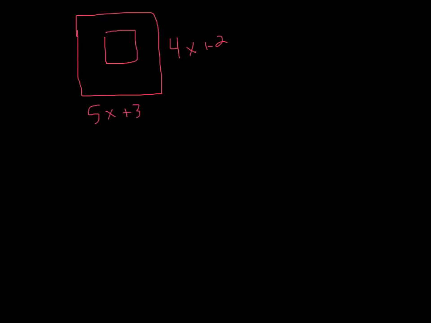And then on the inside, we have 2x for the base, and we're going to make it simple, 3x for the side. First thing we have to do is find the area of the big guy. To find the area of that, we do base times height. So we have 5x plus 3 times 4x plus 2.